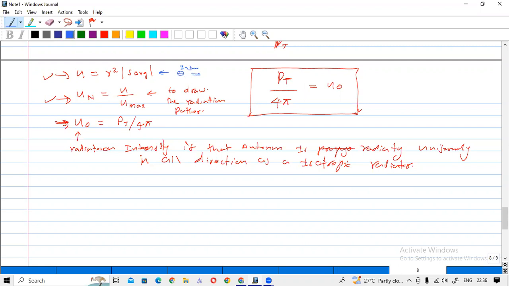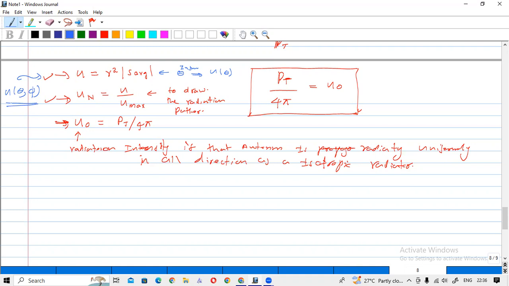In other words, U is a function of theta for an infinitely small dipole. But sometimes this U can also depend on the phi direction. So normally the radiation intensity is a function of theta and phi.